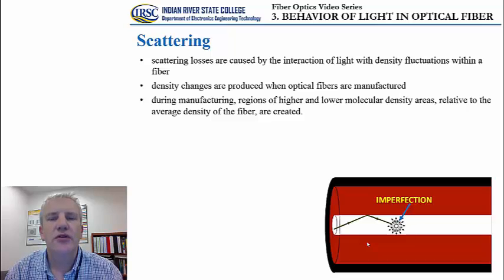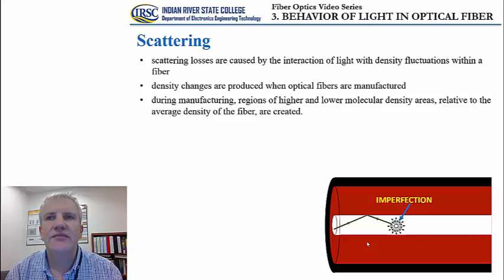Next important phenomenon related to light that causes attenuation is scattering. Scattering losses are caused by the interaction of light with density fluctuations within a fiber. Density changes are produced when optical fibers are manufactured, and during manufacturing, regions of higher and lower molecular density areas relative to the average density of the fiber are created.